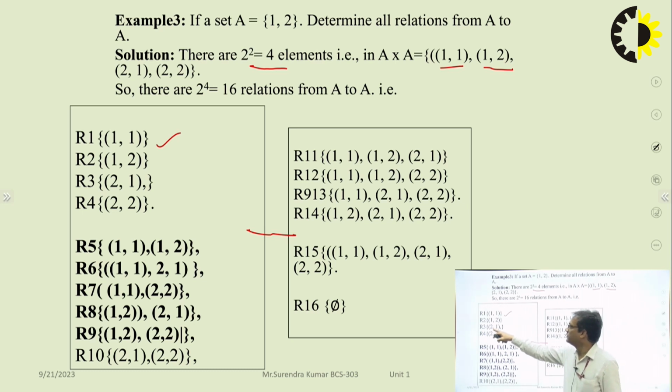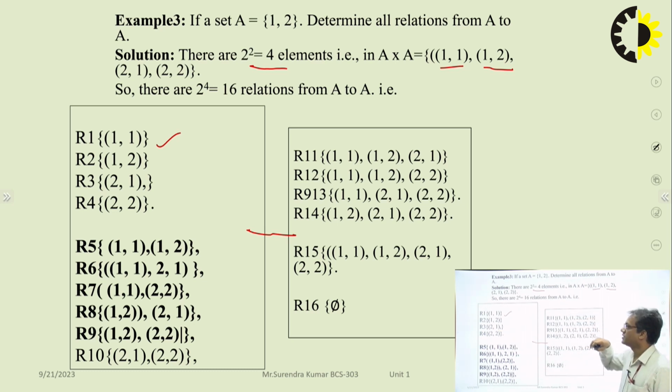We have relation R3 which is 2, 1 and relation R4 which is 2, 2. So all the 4 elements of A cross A will represent a separate relation, R1, R2, R3, R4.